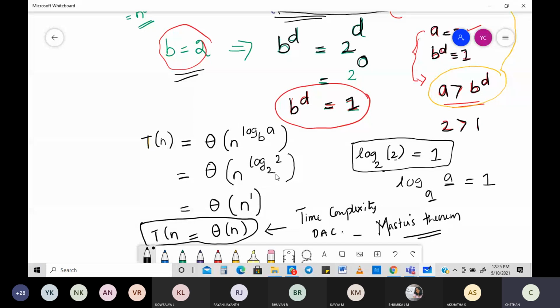What is the meaning of that? You get the time complexity of divide and conquer using the Master's theorem. This is the thing you have to keep in mind.